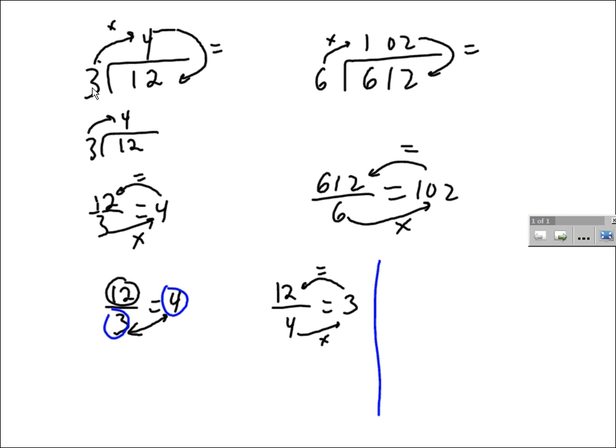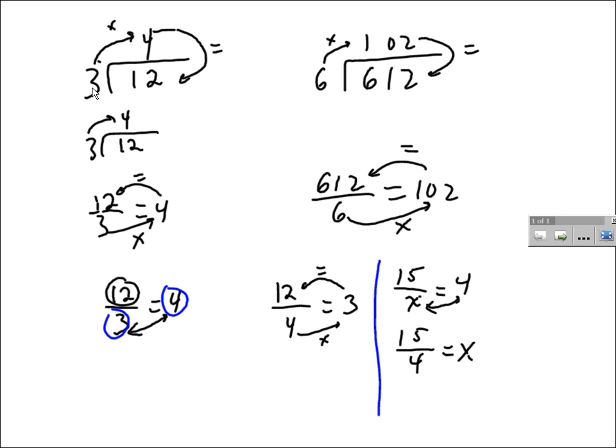So if somebody gives you 15 divided by x is 4, this is a very simple procedure to get the answer. Just swap these two. 15 divided by 4 is x.